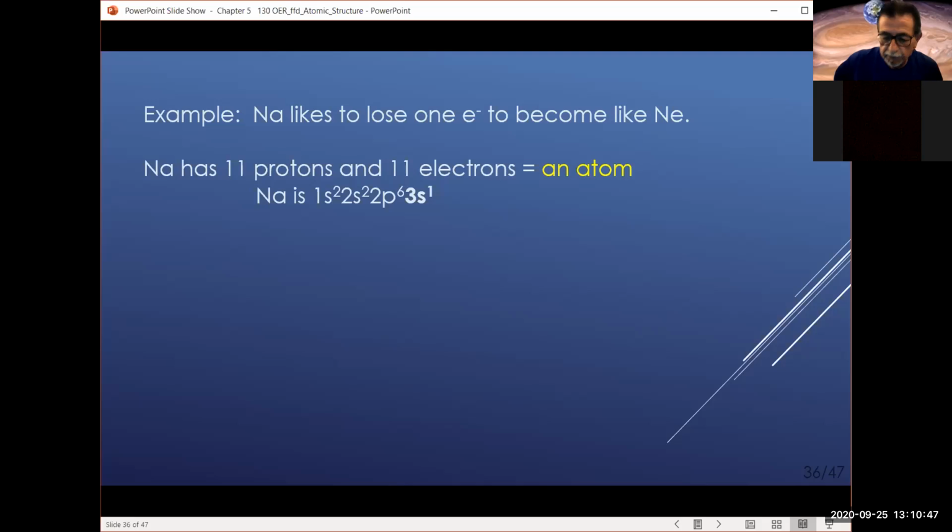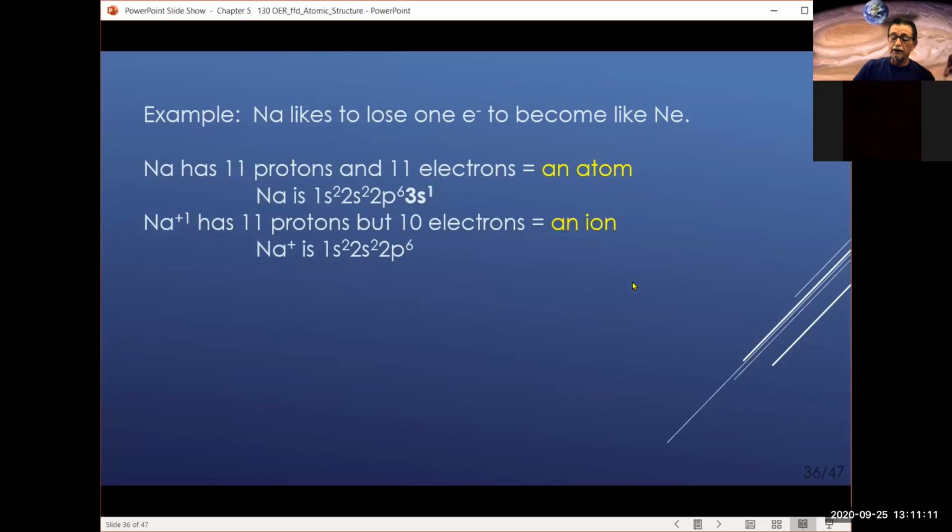Now, sodium has the capability to gain electrons, but it has to gain 7 of them to get that octet. And so from an energy perspective, it's much easier to lose 1 electron and get rid of that 3s1, okay? And when it does that, it ends up with a positive charge and becomes an ion.